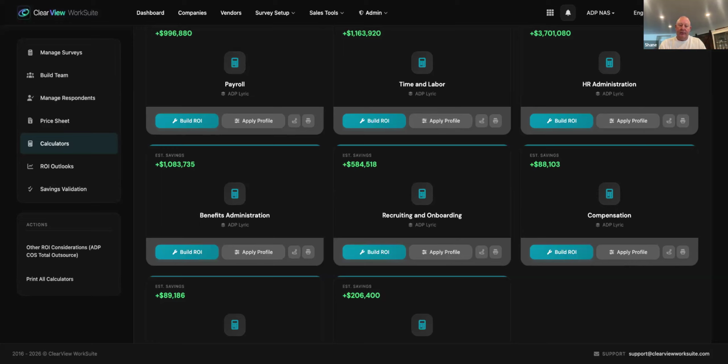And if we work with vendors, it becomes very easy because we help them construct these ROI profiles that pre-build the savings percentages against certain pieces of the ROI and allow us, within a single mouse click, to get to the ROIs instead of configuring every little item.